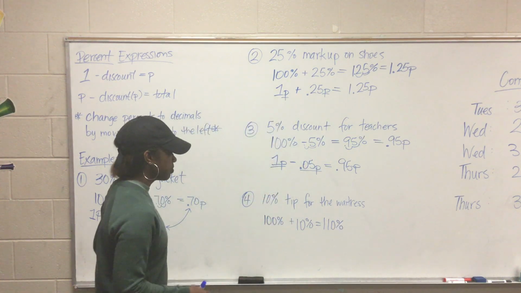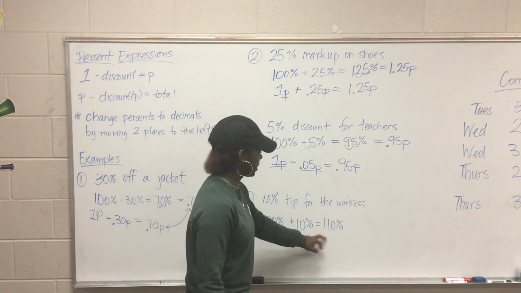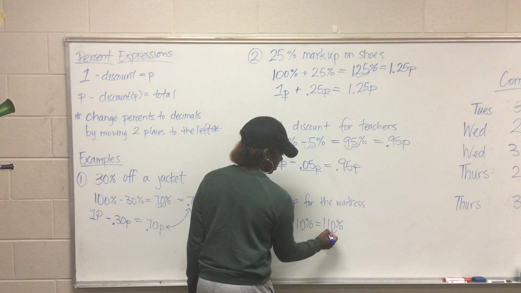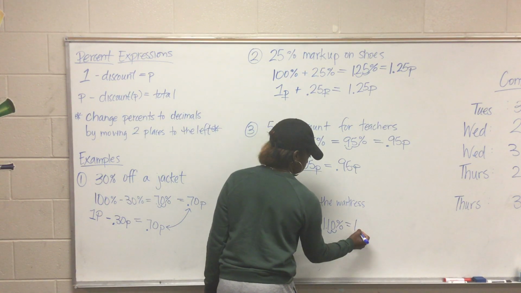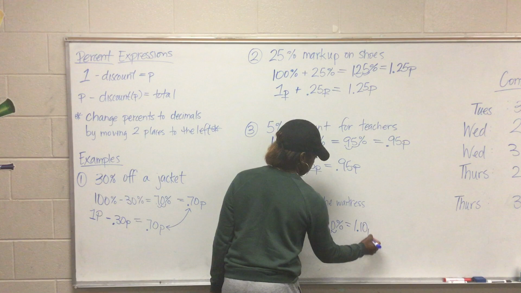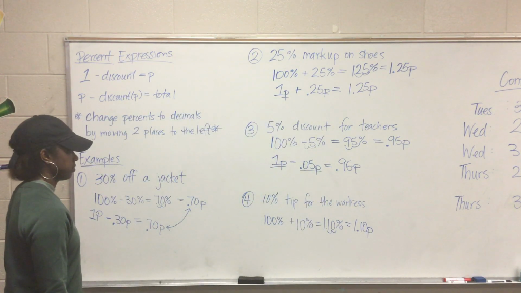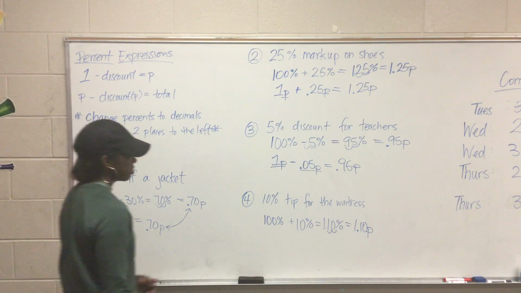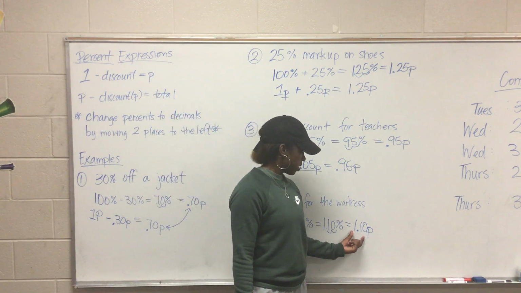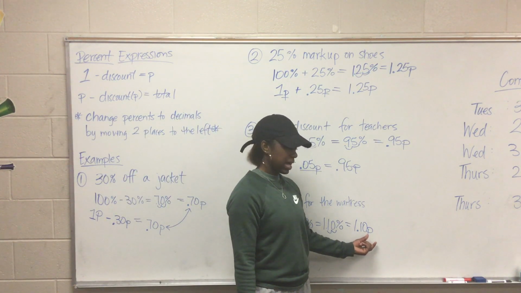As always, we want to change our percent to a decimal. Move it twice to the left. So it's 1.10 times P. So if my bill is $50, it's 1.10 times 50.